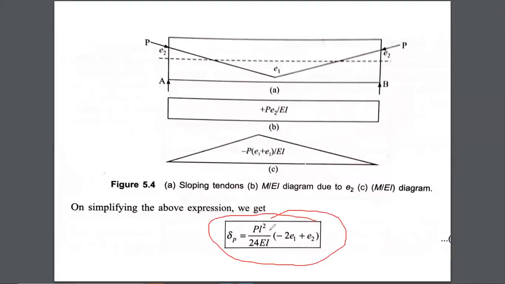Under this condition, this is the bending moment diagram, it is the triangular one. From this, consider only the left part or right part, whatever may be your choice, and apply the A X bar divided by EI formula. You get P L square divided by 24 EI into (minus 2 E1 plus E2). This is the formula.